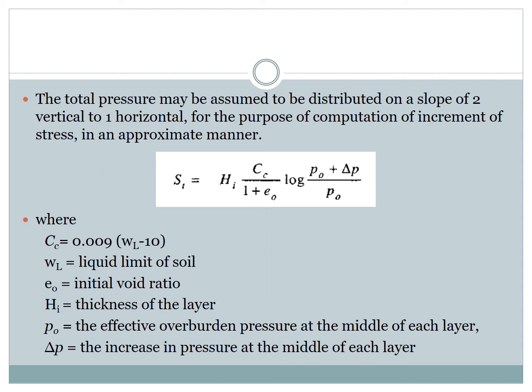So the total pressure may be assumed to be distributed on a slope of 2 vertical to 1 horizontal for the purpose of computation of increment of stress.